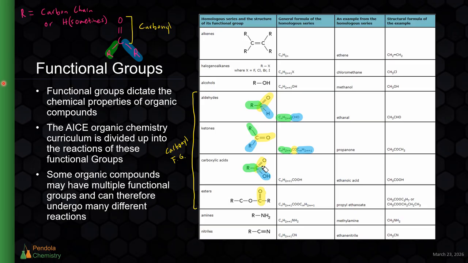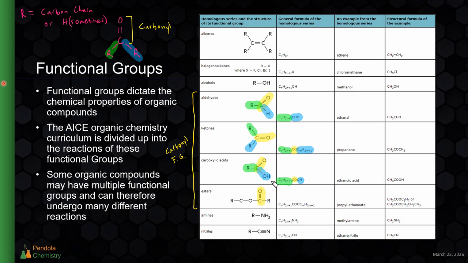So we have this COOH that forms as part of our carboxylic acid. We have that OH in the functional group and structural formula, and that CO, which is a carbonyl group. And then the main body of our molecule is our R group, our carbon chain.